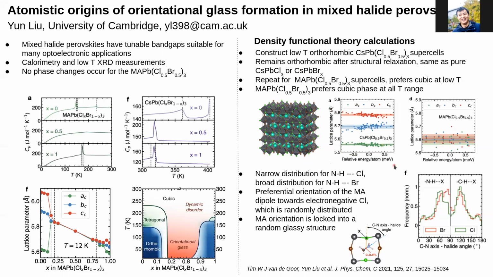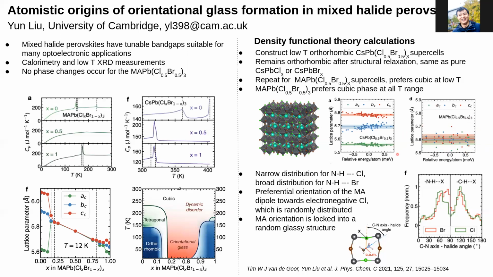And this shows that for the mixed halide system, when you have the cesium cation, the system prefers to be orthorhombic at low temperature. Whereas if we replace the cesium with the randomly oriented methyl ammonium cations, and we perform the same calculation, then we realize that we essentially observe a cubic structure at low temperature, because the density functional calculation is done at 0 Kelvin.